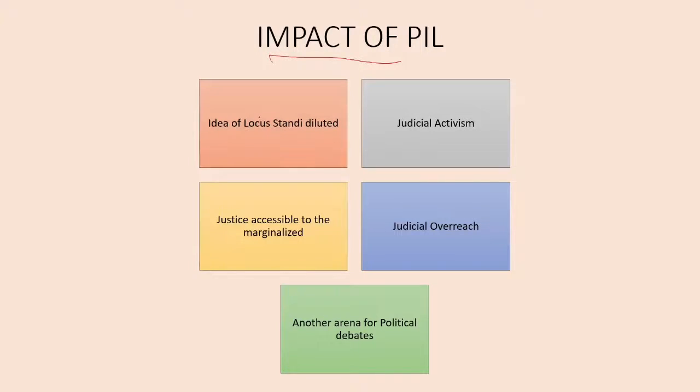So as I said earlier, the idea of locus standi has been diluted by PIL. I explained what is locus standi and I explained the significance of the dilution of locus standi. Another big impact is judicial activism. What is judicial activism? Judicial activism means when the judiciary is actively taking part in ensuring that the rights of citizens are protected.